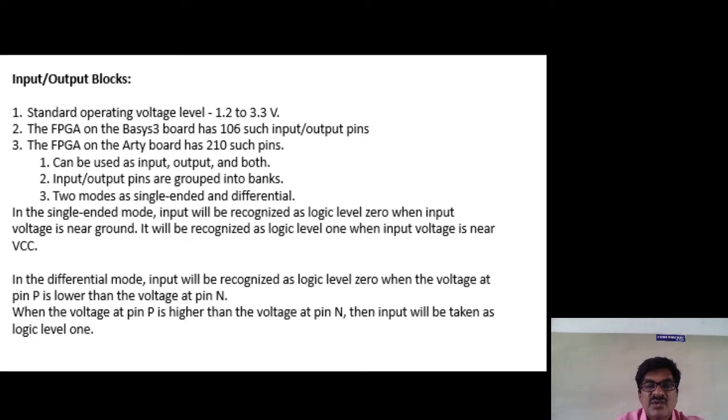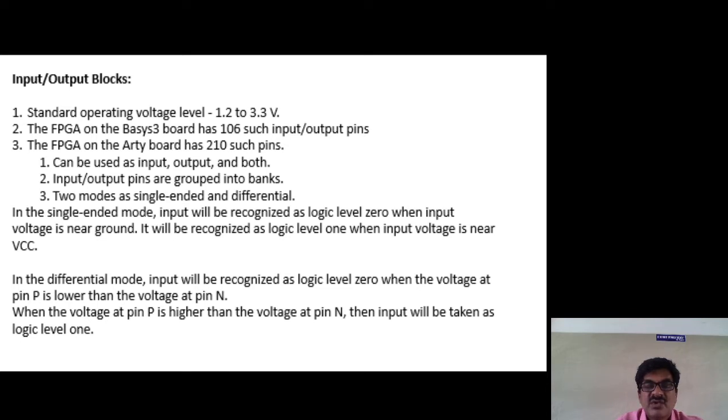In single-ended mode, the input will be recognized as logical 0 when the input voltage level is nearer to the ground. Similarly, the input is recognized as logic 1 when the input voltage is nearer to VCC.